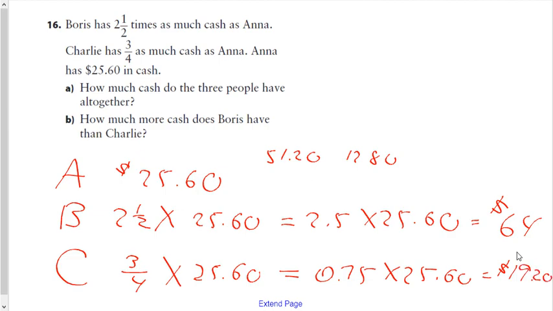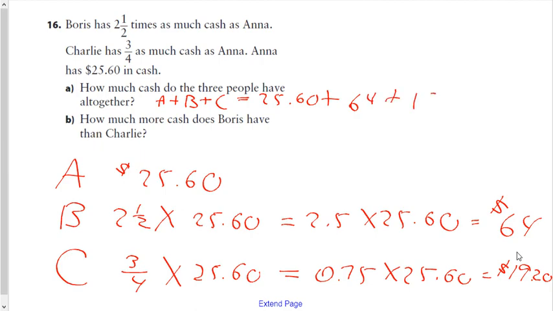And Riley, last question goes to you. In order to answer A, what do I have to do? Add them together. So A plus B plus C will be the sum of them, or 25.60 plus $64 plus 19.20. If you want to try practicing good mental math skills, let's go 20 and 60 and 10.